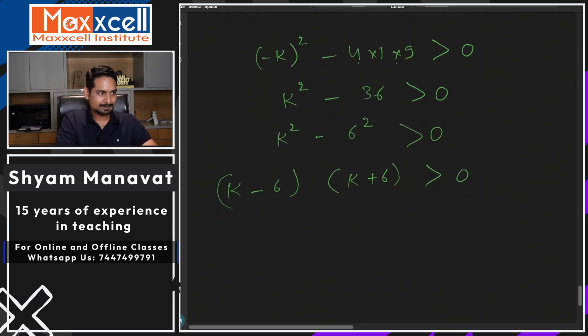So if you solve this further, you will get the product to be positive, so k lesser than the smaller one, or greater than the bigger one. Okay, so this is how the k value will look like.